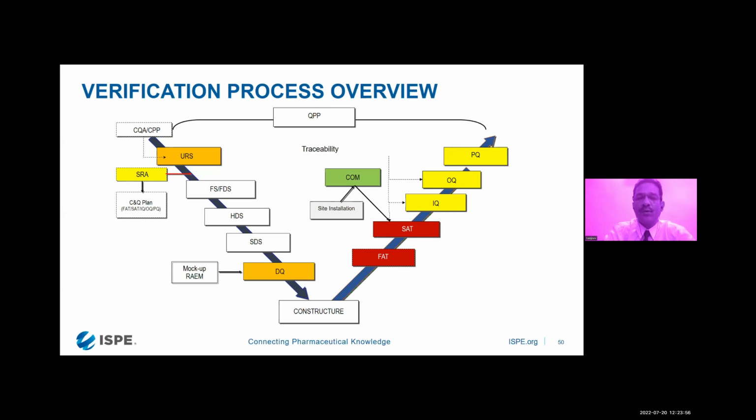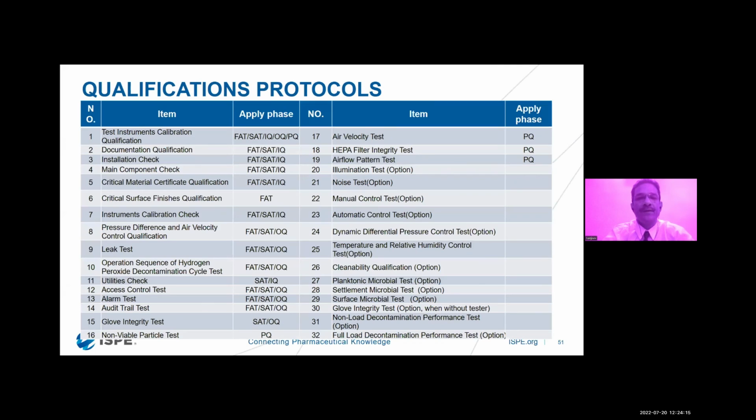And then you will be completing the IQ-OQ validation and finally the performance qualification validation. So this is the complete verification process that you are going to carry out, right from the making of the URS to the finalizing of the PQ.